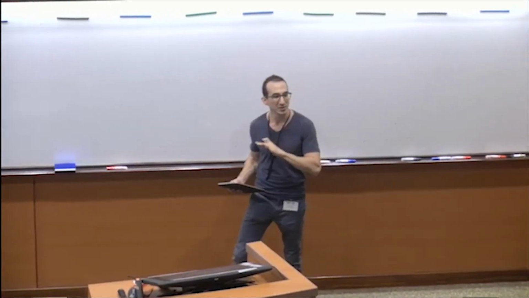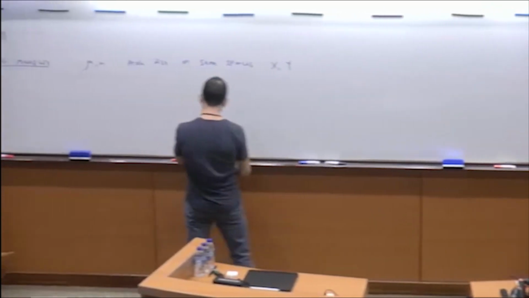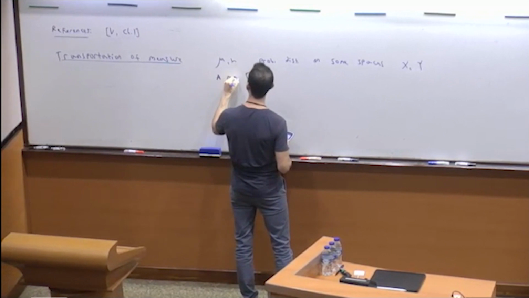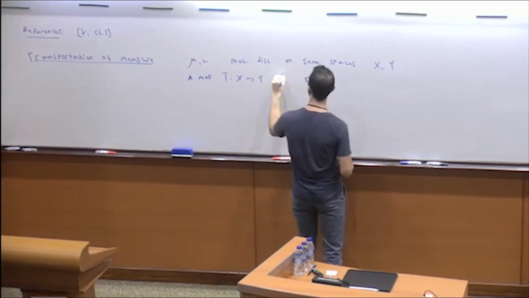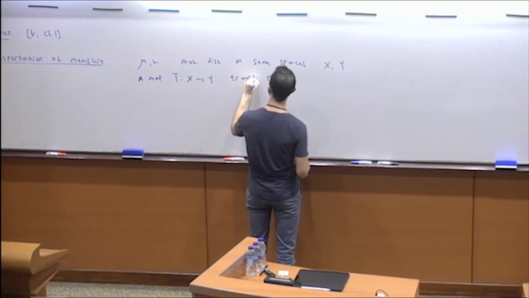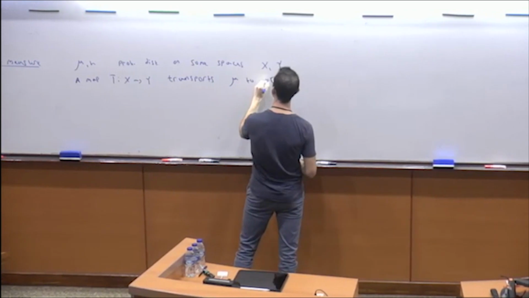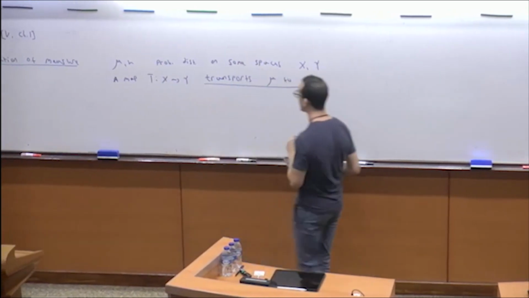So from now on, you can just pretend that that's the setting we're working in. So we're going to say that a map T, which goes from X to Y, transports mu to nu. We're going to write the definitions in multiple ways.